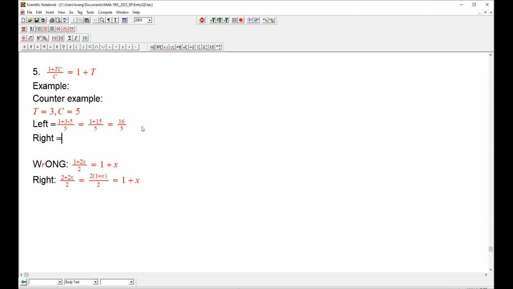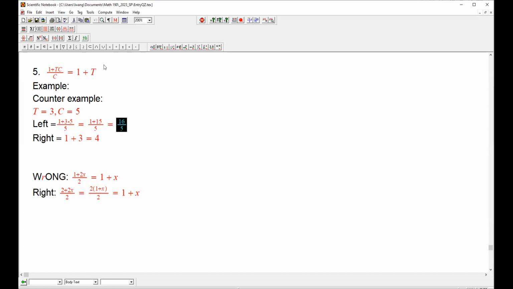What's on the right-hand side? The right-hand side would be 1 plus t. T is 3. 1 plus 3 is 4. Obviously, these two numbers cannot be the same. 16 divided by 5 is less than 4, not equal to 4. So one counterexample. If false once, false.